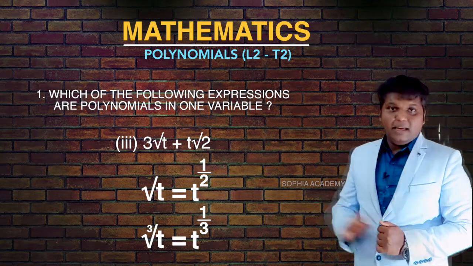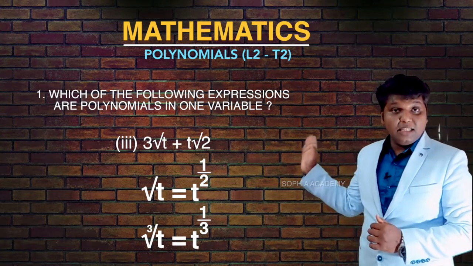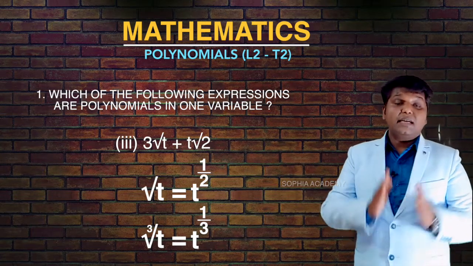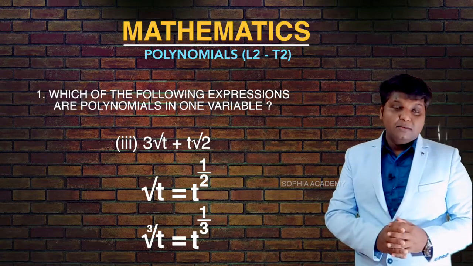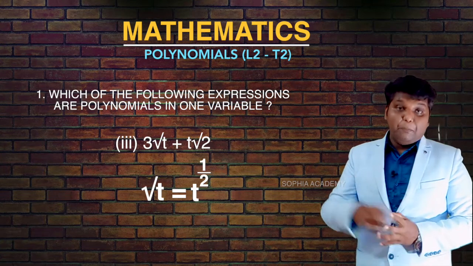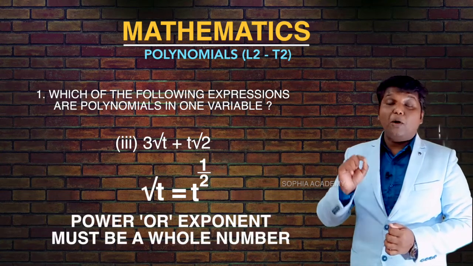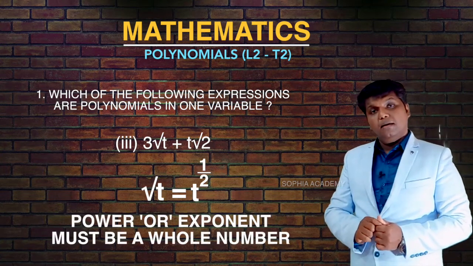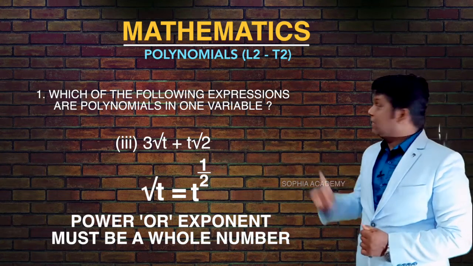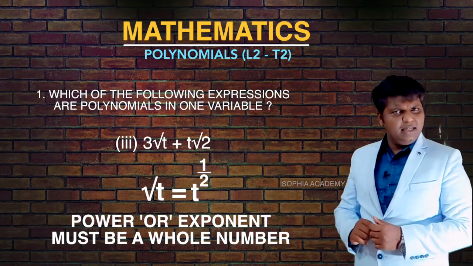But our question is: is this a polynomial? Is the given expression satisfying the conditions of a polynomial? What was the condition? The exponent should be a whole number. See here, the first term itself, t raised to 1 by 2. Is it a whole number?